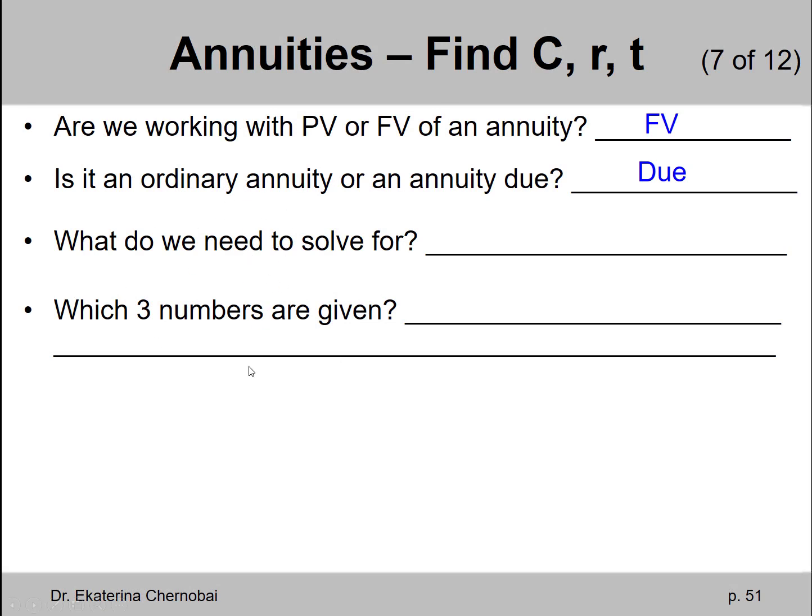And then the last two questions are, what is it that we need to solve for? For example, in the financial calculator, what are we going to be computing? And then the question after that is asking, what is given? And again, with annuities, 3 numbers are given. The fourth one is something that we need to compute. So what do we need to solve for?